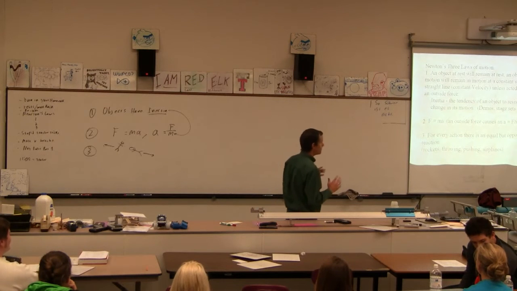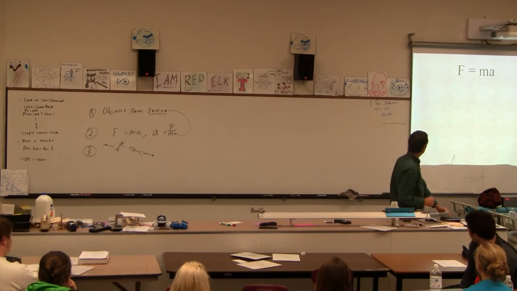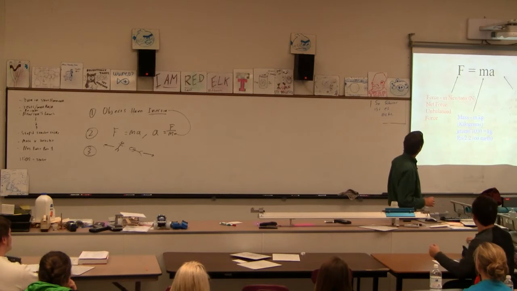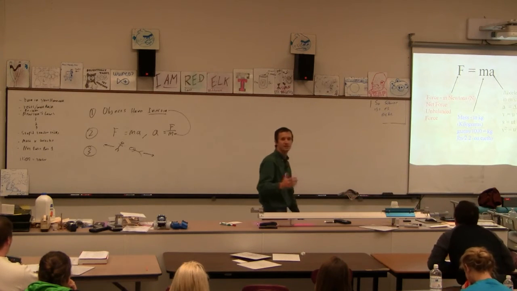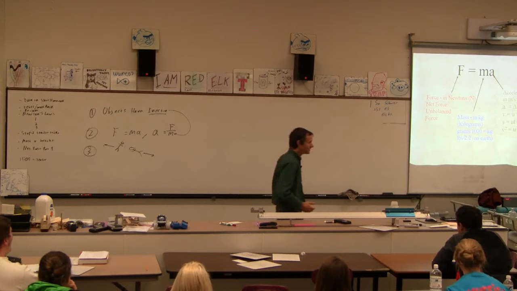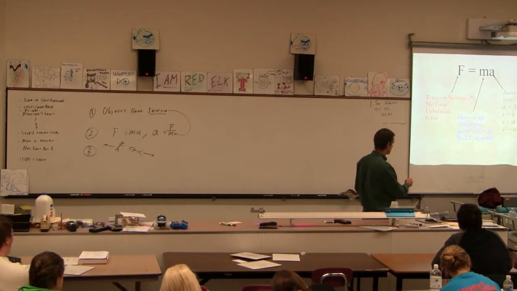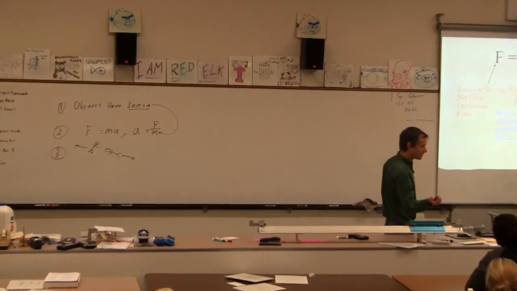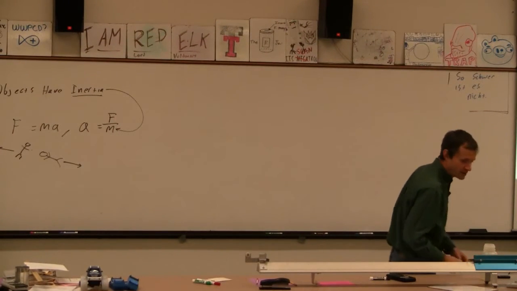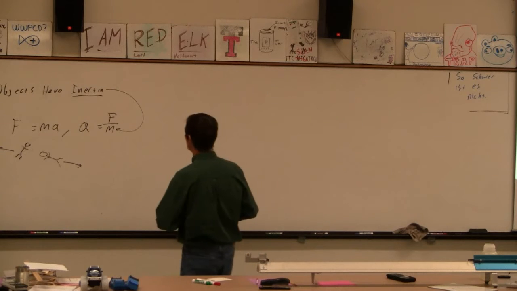Okay, so the next thing we've got to do is look at this, because this is going to be the crux of the entire chapter: F equals ma. So here's the deal, right?